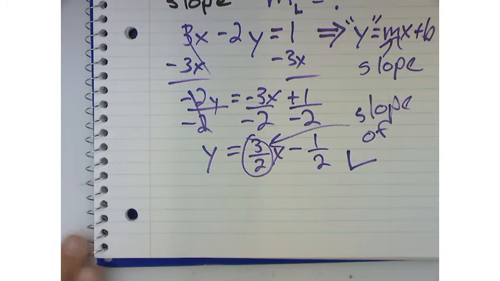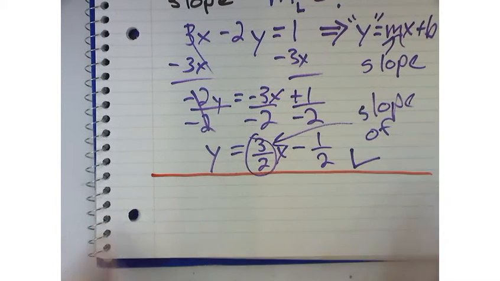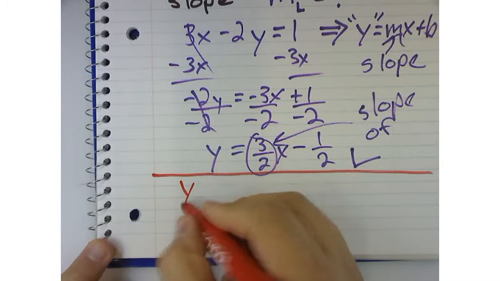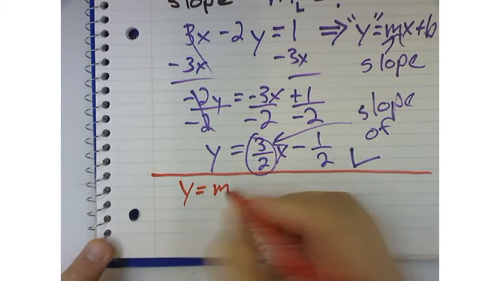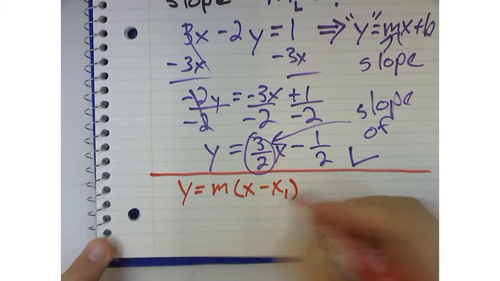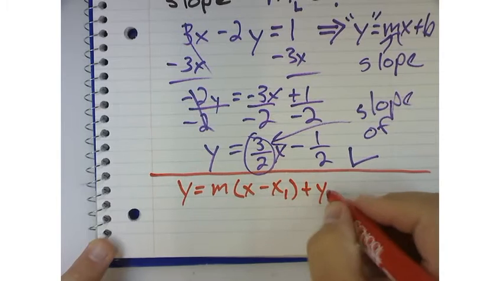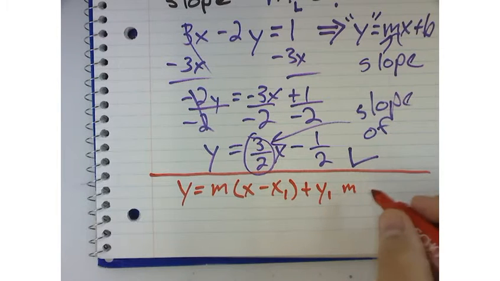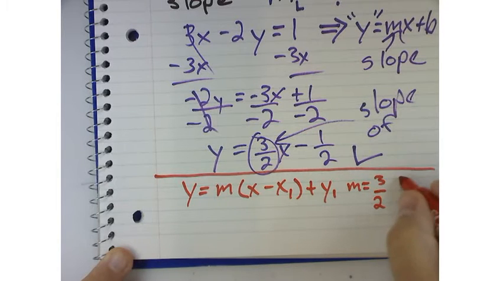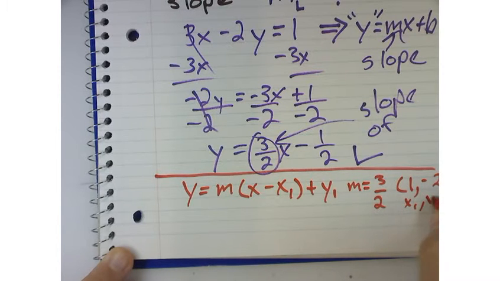So we're going to use Mr. Adams' version of it, which is y equals m times x minus x sub 1 plus y sub 1. Our slope is going to be 3 over 2, and our point is going to be 1 comma negative 2, where this is x sub 1 and this is y sub 1.